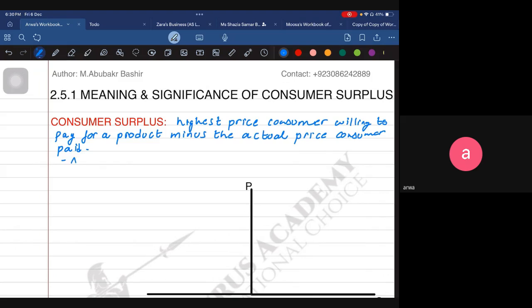This is because some people may be willing to pay higher prices, but some will be willing to pay lower prices. What could be the example?